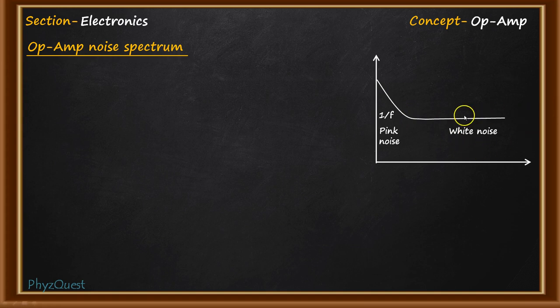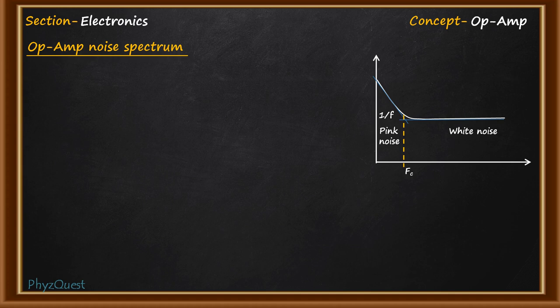This is obtained by extrapolating a horizontal line from the white noise portion of the curve and a straight line from the pink noise portion of the curve, and the point at which the two lines intersect each other gives the corner frequency. So the lower this corner frequency, the better is the operational amplifier.